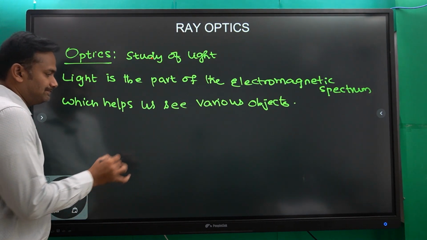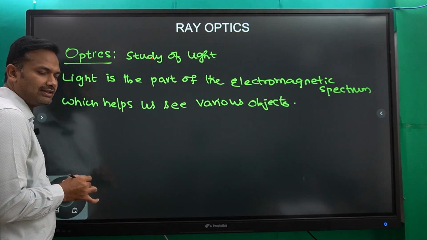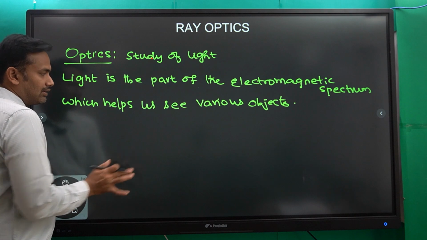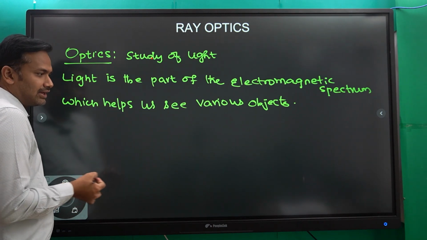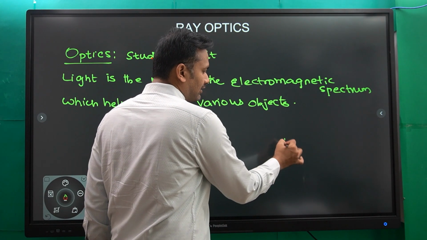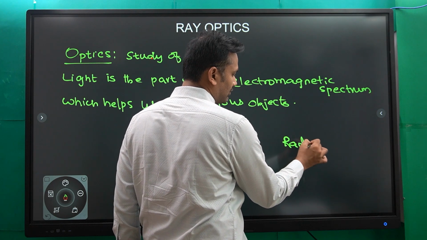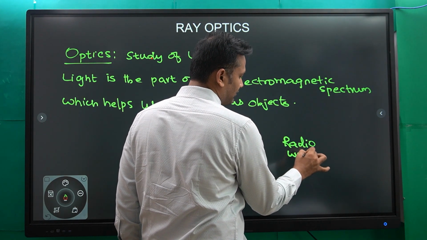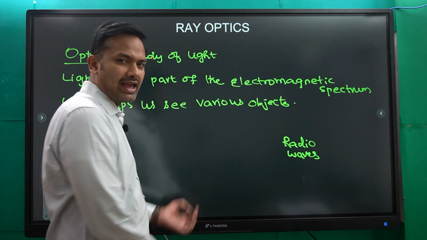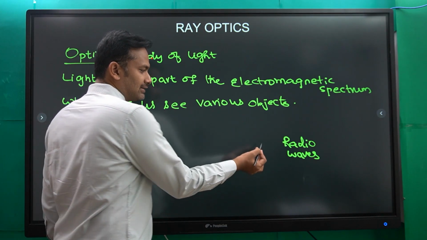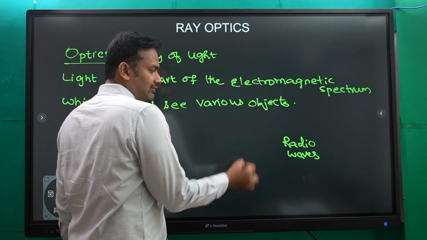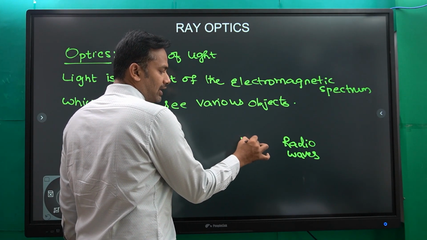Let us see, what is the electromagnetic spectrum? Let us start from the radio waves. These are the waves which have the longest wavelength in the electromagnetic spectrum. Then we get the microwaves.